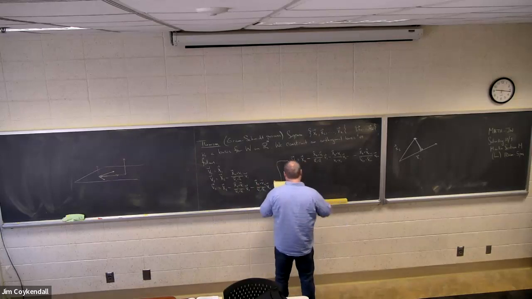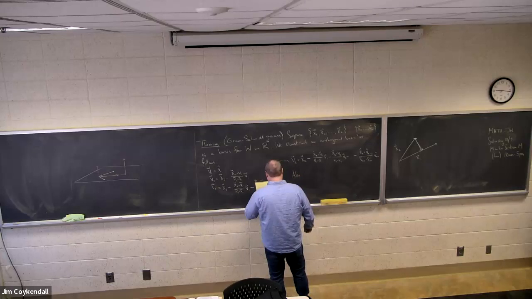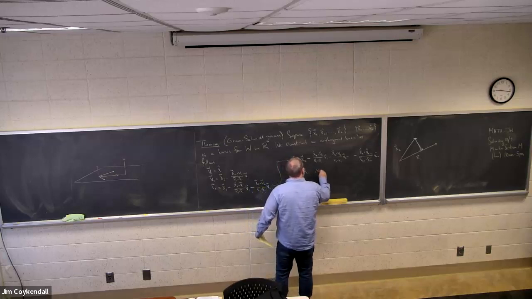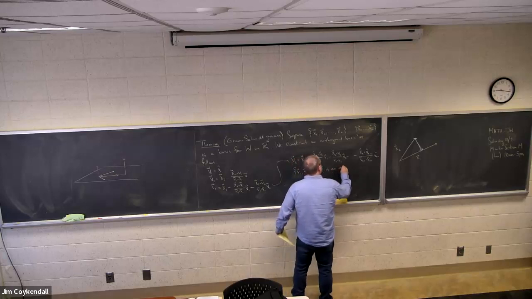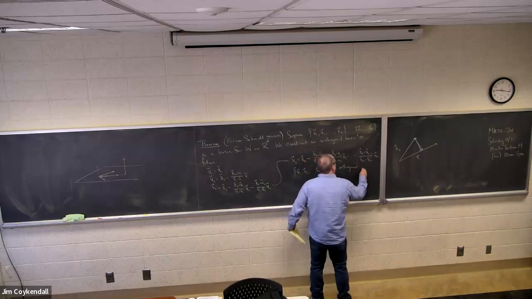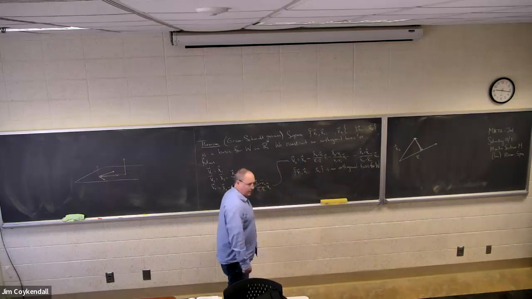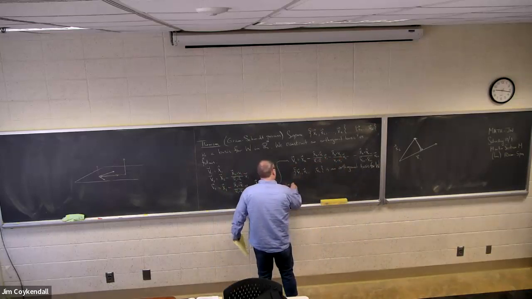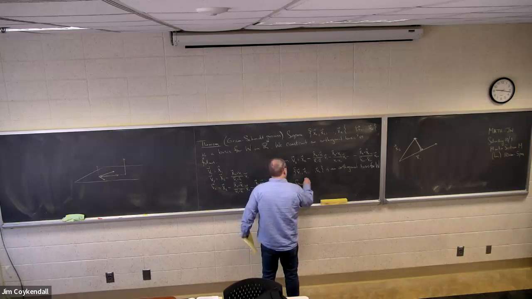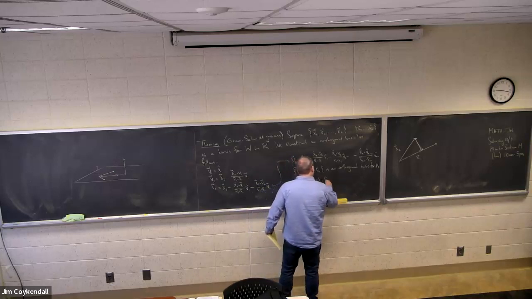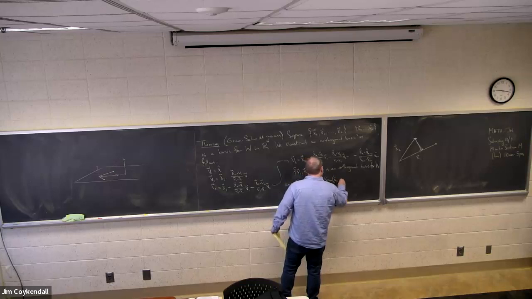Additionally, V1, V2 up to Vk is an orthogonal basis for W, and the span of V1 up to Vj is equal to the span of X1 up to Xj.